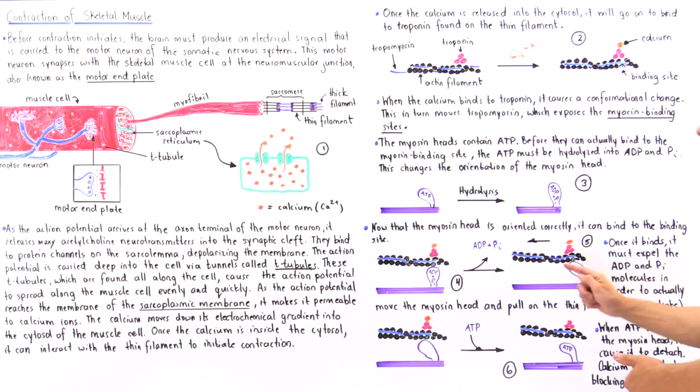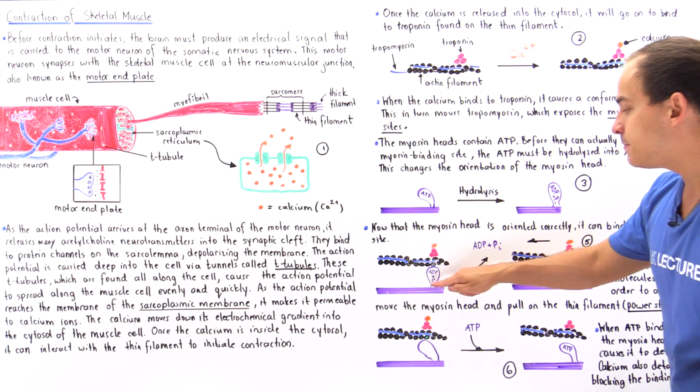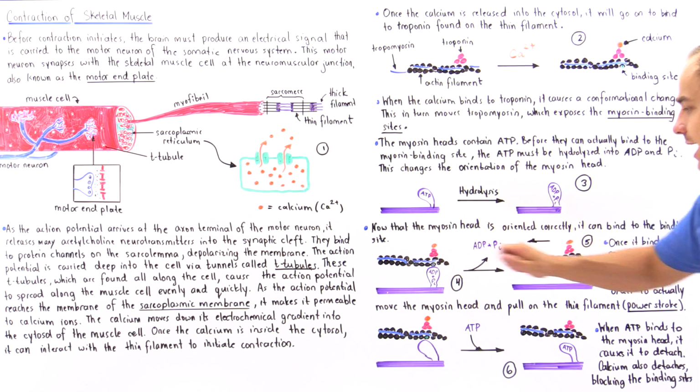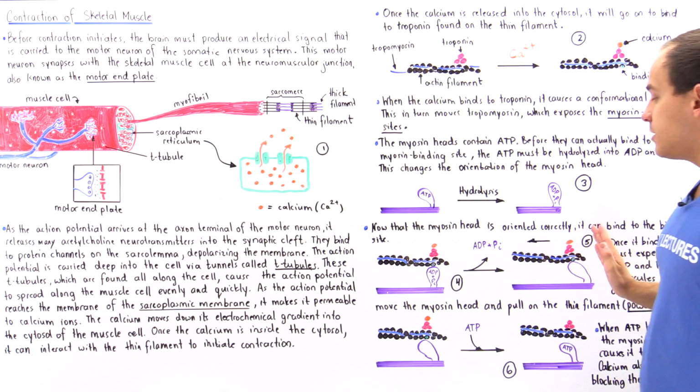This entire thin filament is pulled this way as our ADP and P detach from the myosin head, and the myosin head is oriented once again at the 45-degree angle. So once the myosin head binds onto the binding site, it must expel the ADP and the phosphate molecules in order to move the myosin head to an angle of 45 degrees with respect to our thick filament, and that essentially pulls the thin filament as shown in this diagram.